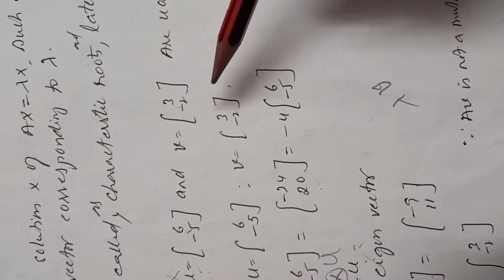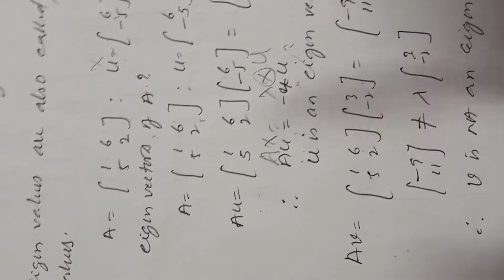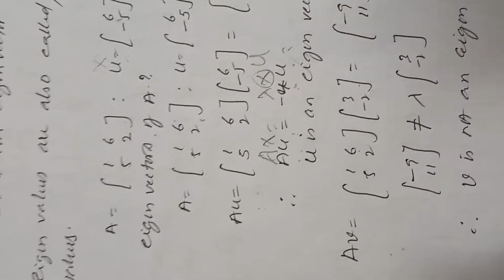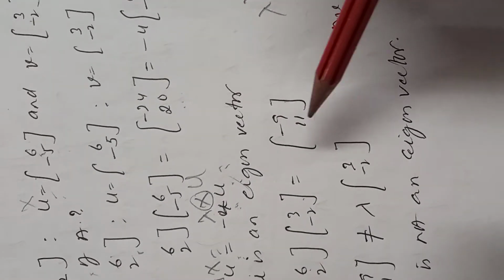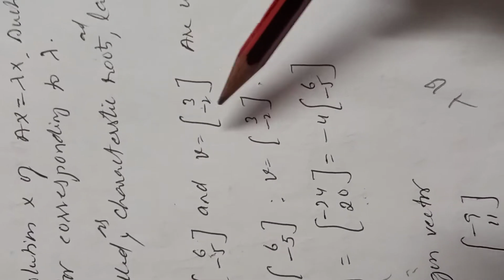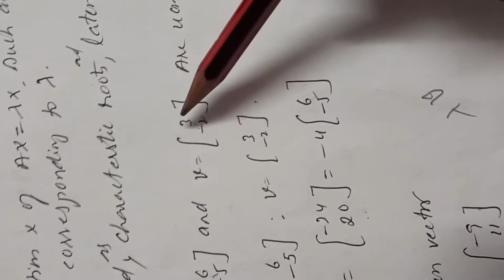Next, we are checking V. V is given, we have to check whether it is an eigenvector or not. That means A into V should equal some lambda into V, right? For that, first of all I have to calculate A into V. A into V is (-9, 11). Now if you multiply V by some scalar, we would have to get the first element as -9 and the second element as 11. That is impossible.